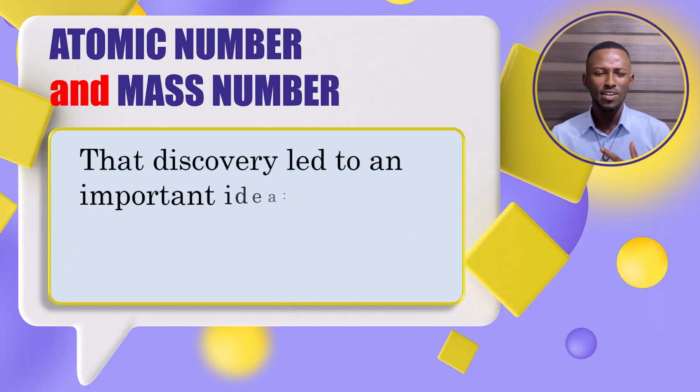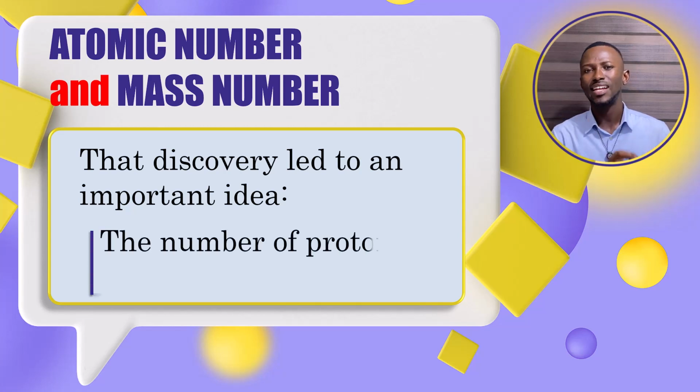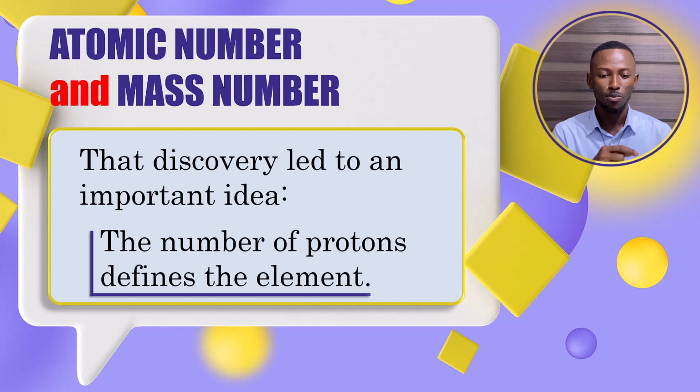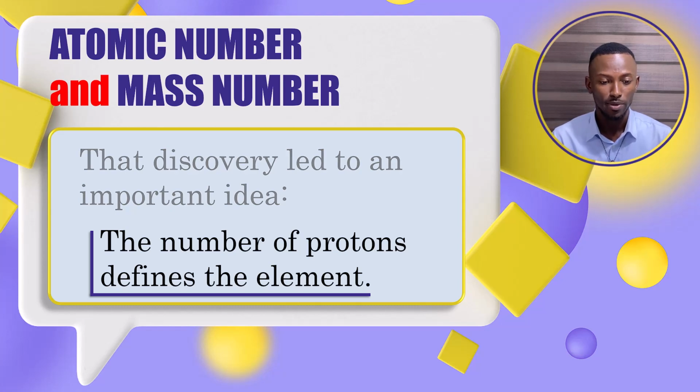So that discovery led to an important idea. And the idea was this, that the number of protons that an atom contains defines the element that atom will form. I think it makes sense. The number of protons a particular atom contains determines the element that atom will form. That was what they came up with.